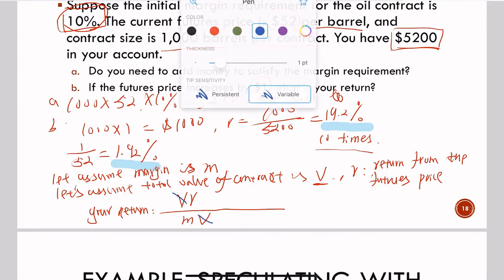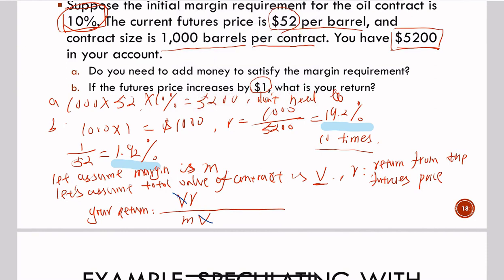So this gives you R divided by M. And in our example, R equals 1.92%, the return from the futures price change. That is, the original price was 52, and now the futures price increases by $1. What is M? M is the initial margin requirement, so it's 10%. So this gives you 19.2%.